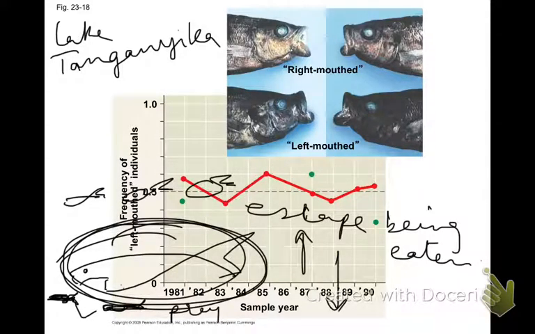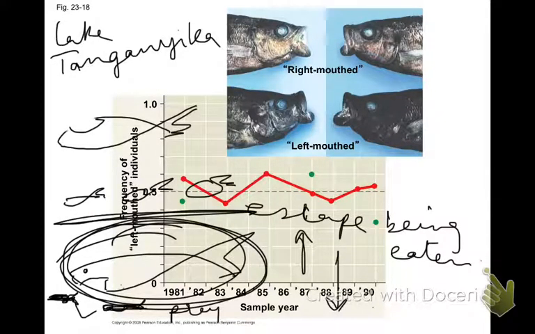His number decreases. When his number decreases, the right-mouthed fellow is able to catch this prey fish.